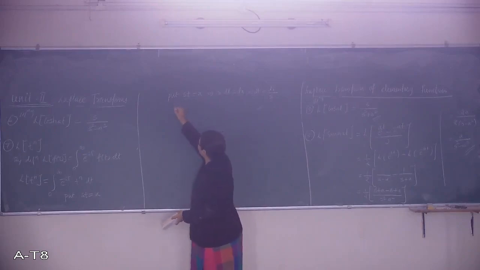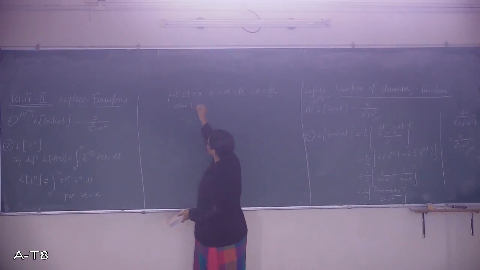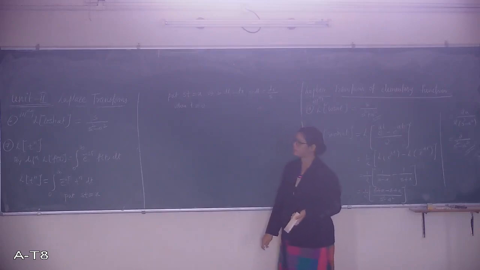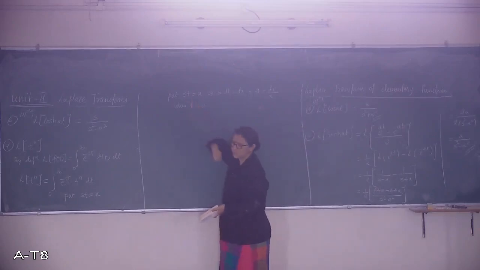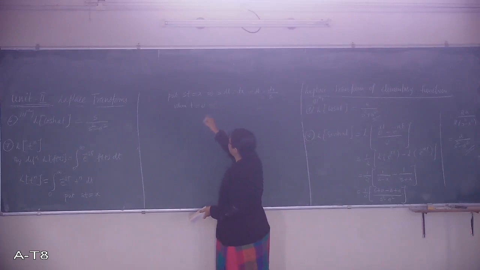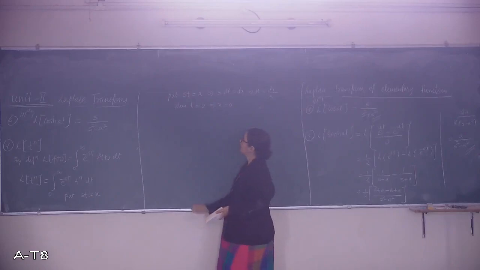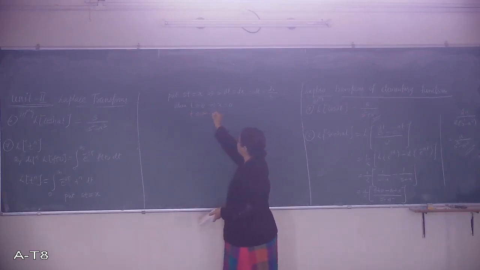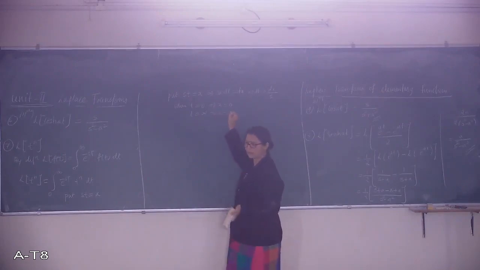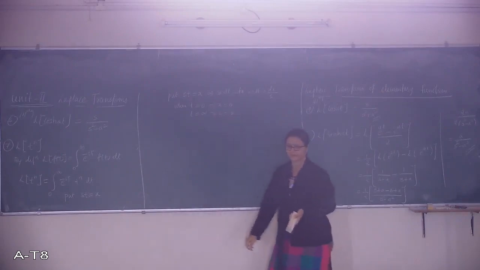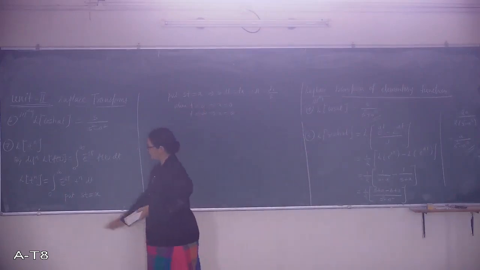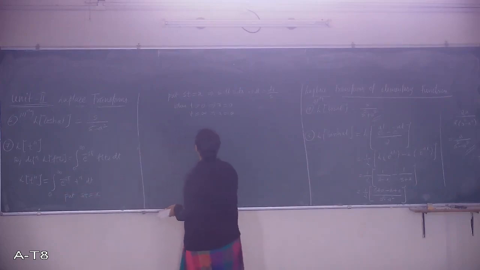When t equals 0, x equals 0. Similarly, when t equals infinity, x is also infinity. So the limits are the same. Now we make use of this substitution in this integral.